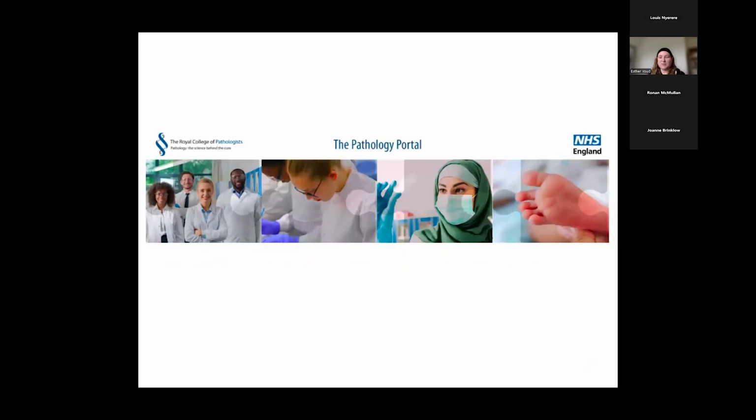So this is the pathology portal, or at least this is what it looks like when you log into it. The pathology portal is an online educational platform that's been designed and developed by the Royal College of Pathologists in collaboration with NHS England and with their technology enhanced learning team.